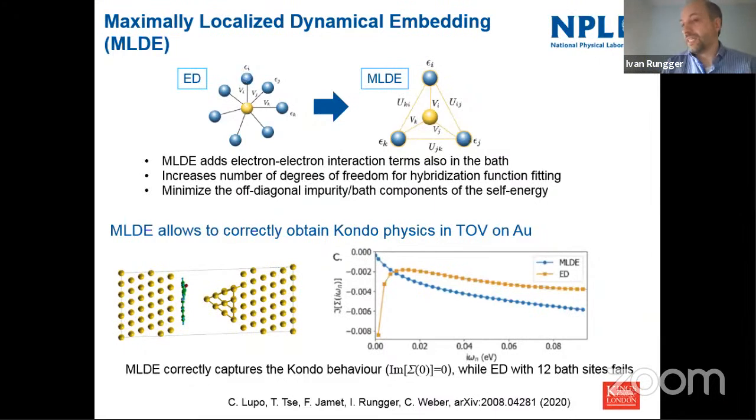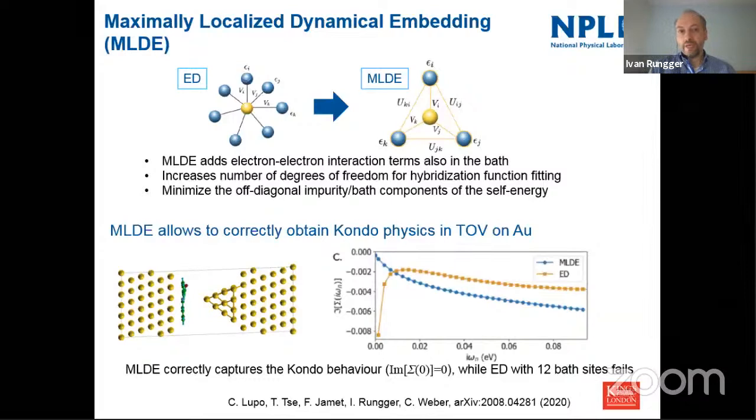But in reality, the key is that you still need the gap to be small enough that it is smaller than the width of what's called the Kondo peak. As long as the distance between my states in the bath is significantly smaller than the Kondo peak, I can resolve the peak effectively, even if it's discretized. So the key here is that the gap in the bath depends on how many peaks you have in the bath.